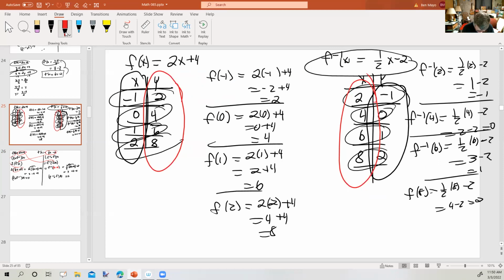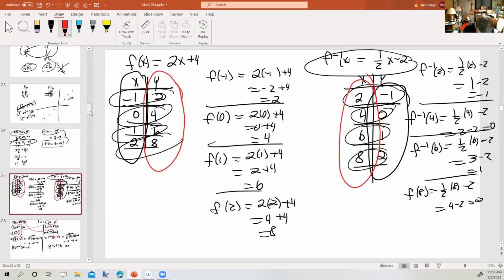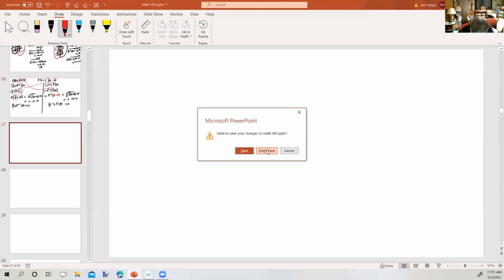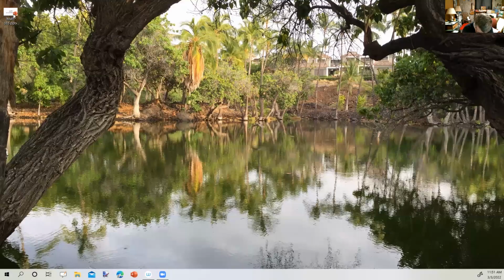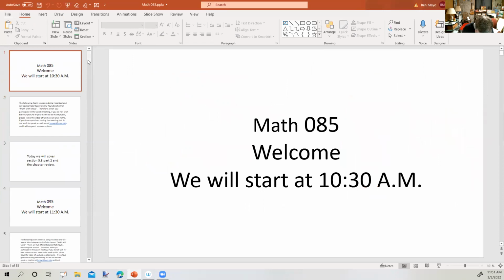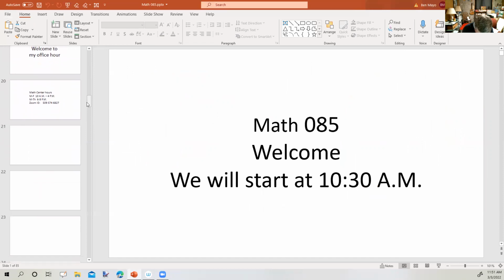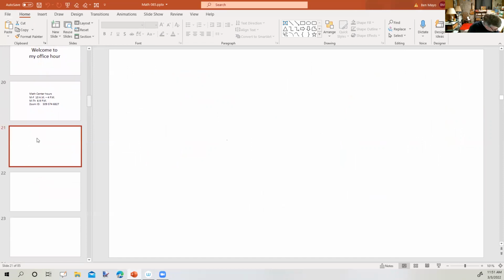All right, so let's take a look now at, actually what I'm going to do, I'm going to close this up and open it up again so that I have a bunch of clear graphs to use here in just a bit. The directions say, find the inverse of each function, then graph the function and its inverse on one coordinate system.